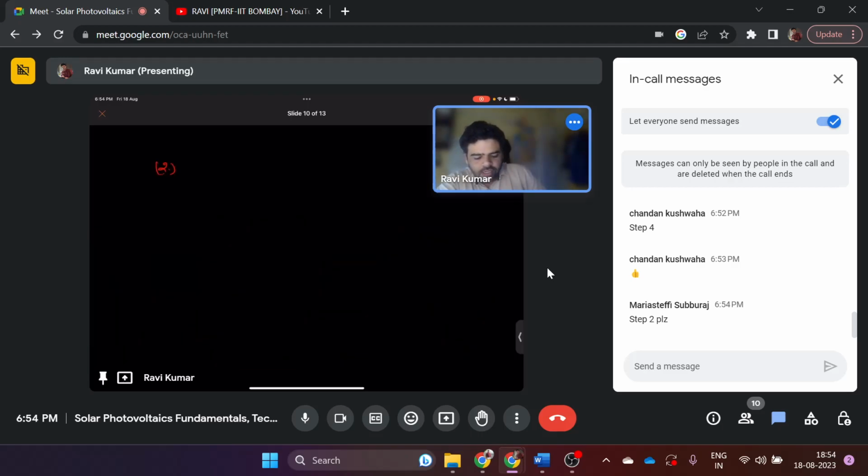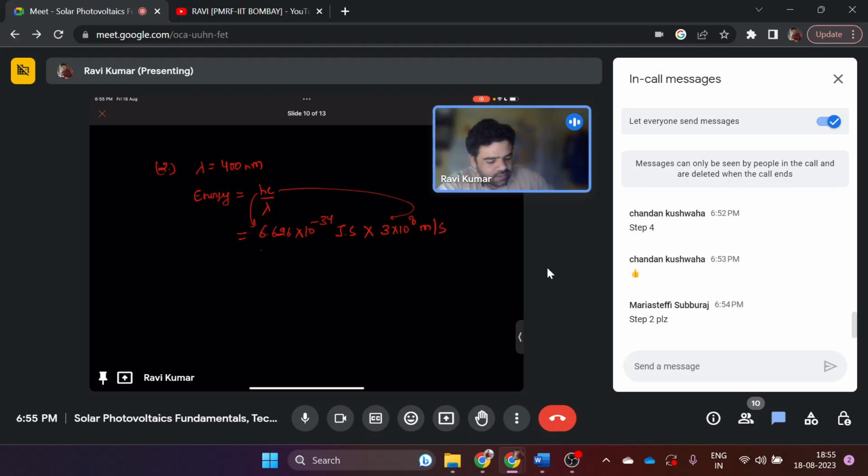Our lambda is given as 400 nanometer, and the energy defined for an electron is hc by lambda. h is given, 6.6 into 10 to the minus 34 joule second, I don't remember exactly, and c is the speed of light, 3 into 10 to the power 8 meter per second, divided by 400 nanometer.